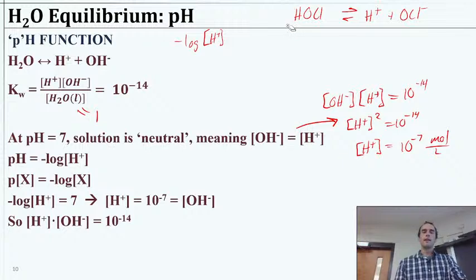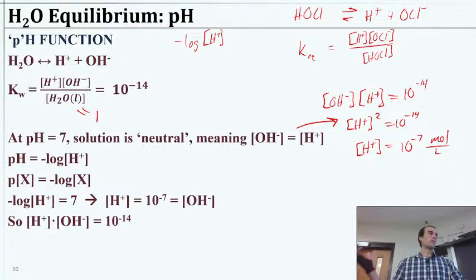So in this scenario, we could say that the K for bleach, I'll just call it K equilibrium here, is going to be some value, and it will be equal to the products over the reactant. So we'll have H+ times OCl- divided by HOCl. Now, HOCl itself is not a liquid. We dissolved that into the liquid, so this is not 1. This is just as it is.